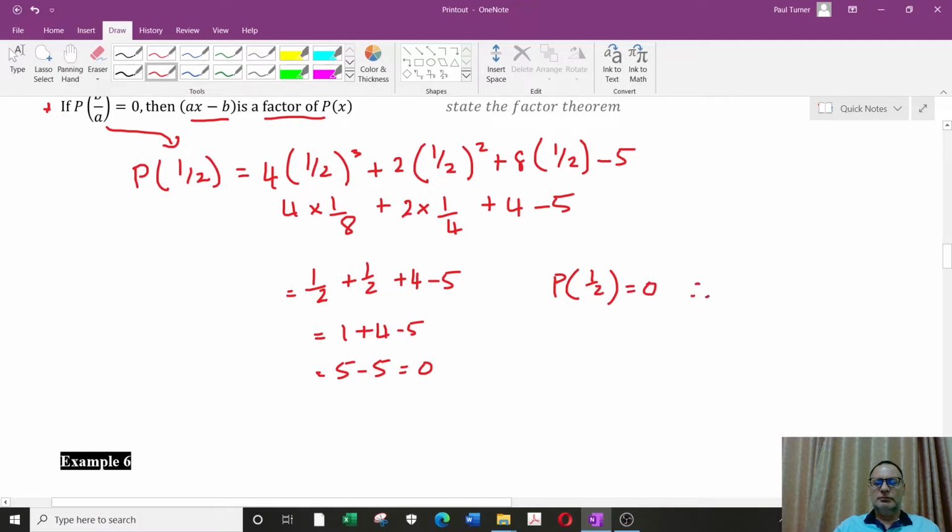Therefore, 2x minus 1 is a factor of P(x). So just remember how you did the remainder theorem. This here is the remainder. And because the remainder is 0, this must be a factor. If this number is not 0, this 2x minus 1 is not a factor.